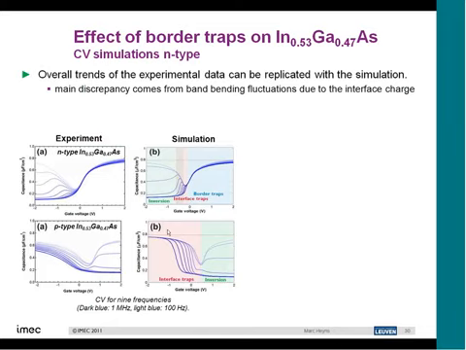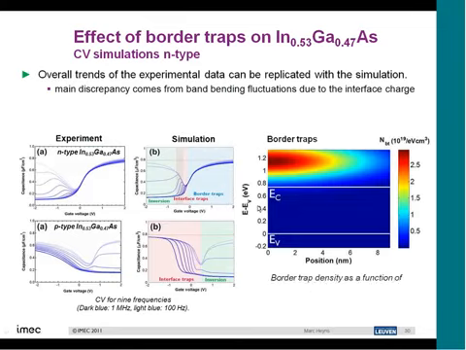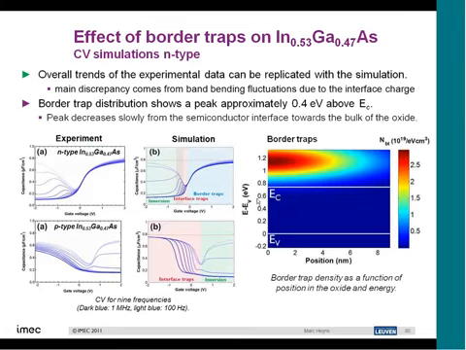So we went to quite some detail in simulating all these curves, simulating border traps, simulating this effect of the Fermi level that actually moves into the conduction band, measuring these border traps as a function of position into the oxide and energy.